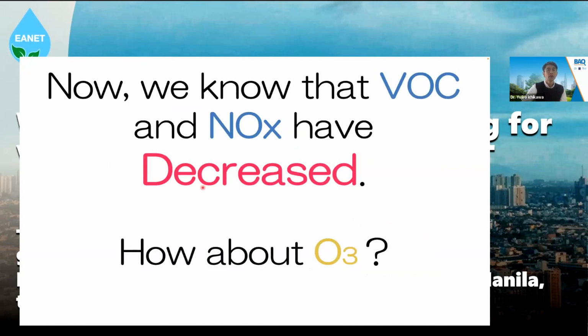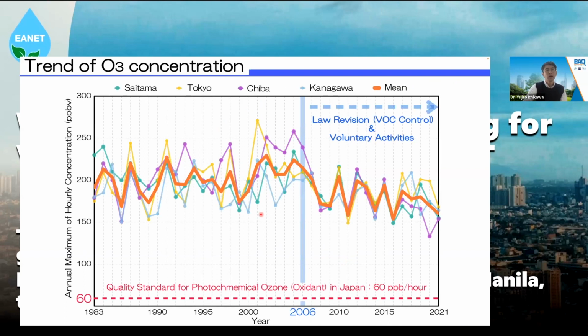So now we know that VOC and NOx levels have decreased. I think that people would pose this kind of question: how about ozone? This is a trend of ozone, indicating the annual maximum of hourly concentration from 1983 to 2021.